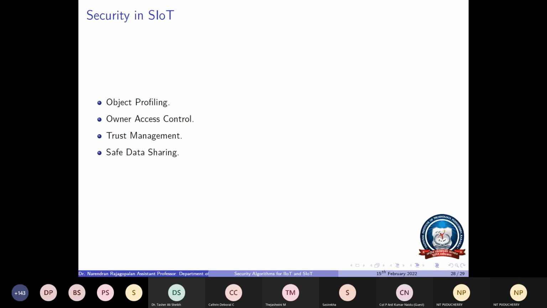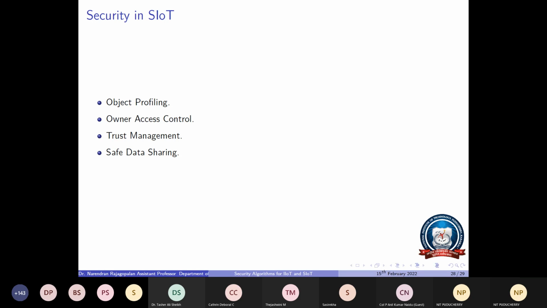When we talk of SIoT, even yesterday we discussed object profiling. Basically, SIoT is nothing but the combination of social networking with IoT. All these security algorithms that we studied in IoT are generic algorithms that also apply for IIoT and SIoT.